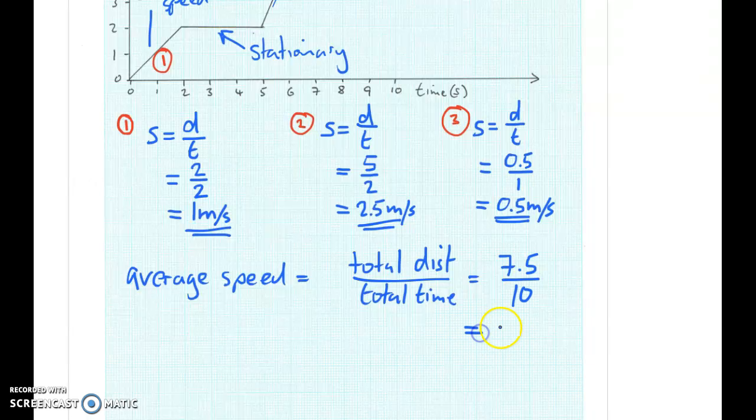So we end up with 0.75 meters per second.